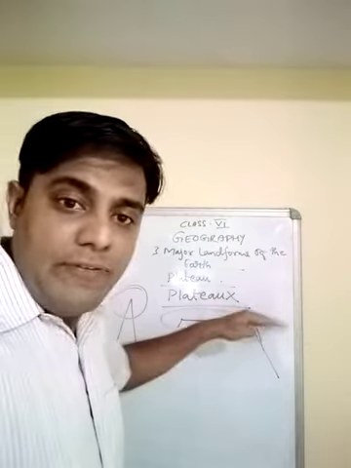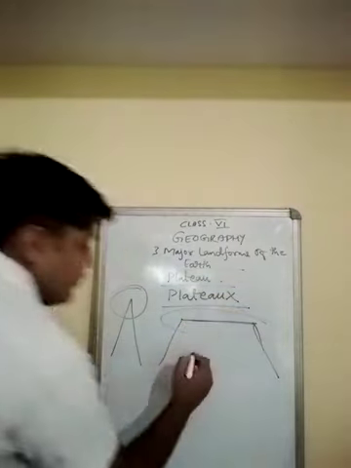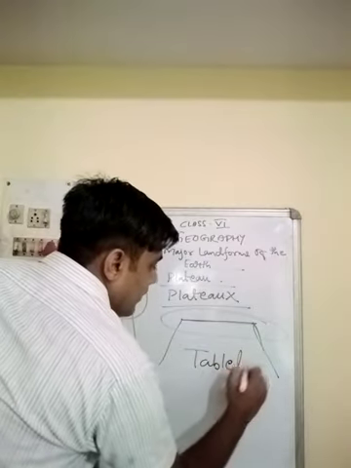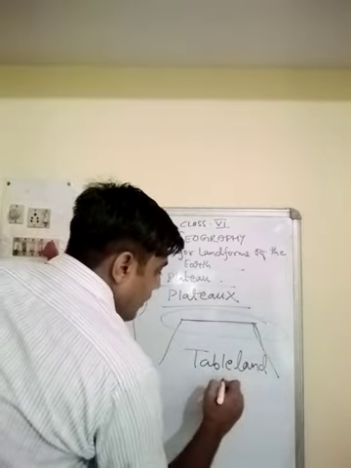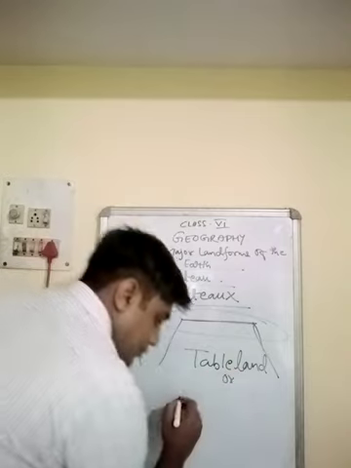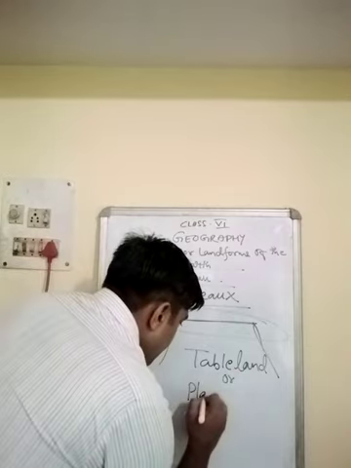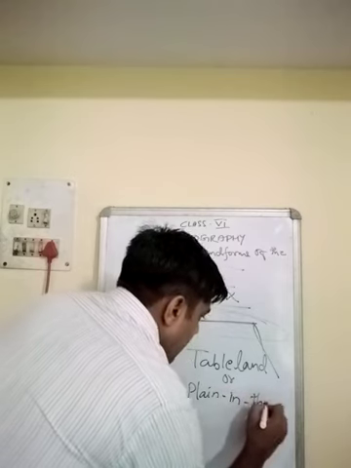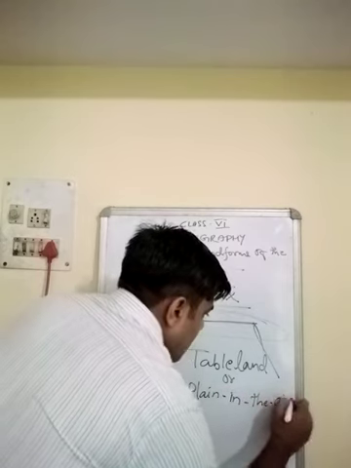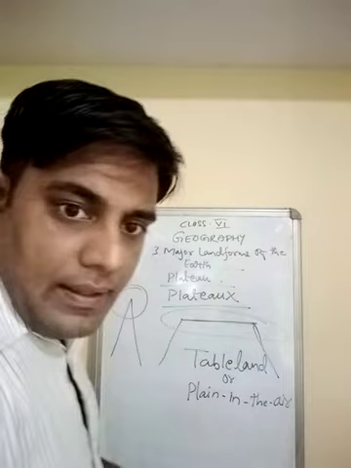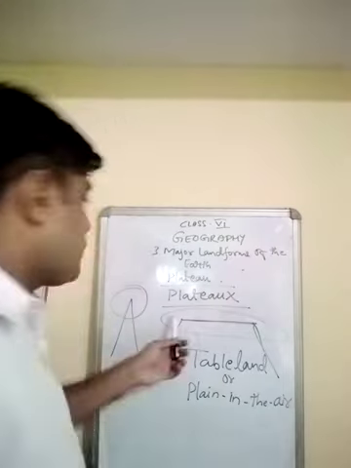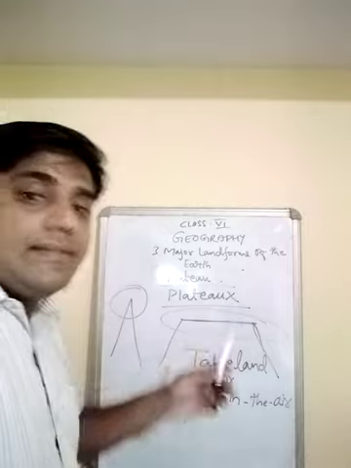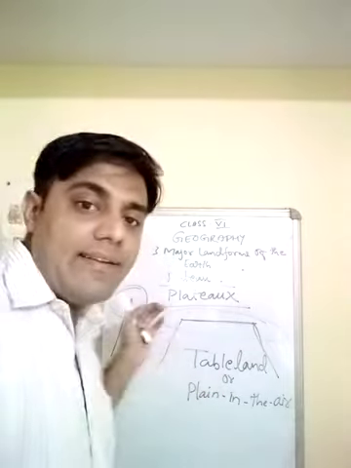That's why plateaus are also known as tableland or plain in the air. Understood? Because their top part, their summit, is not pointed like a mountain. Instead, it is flat.